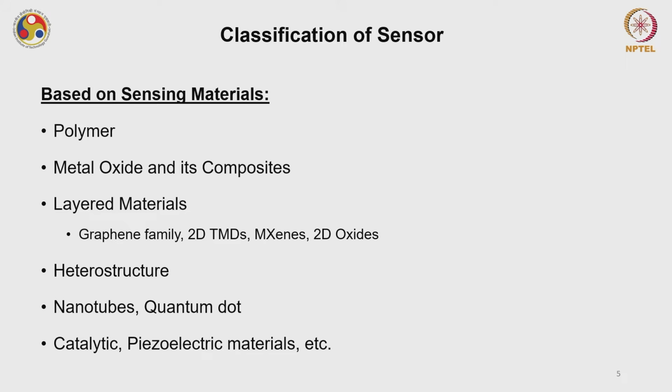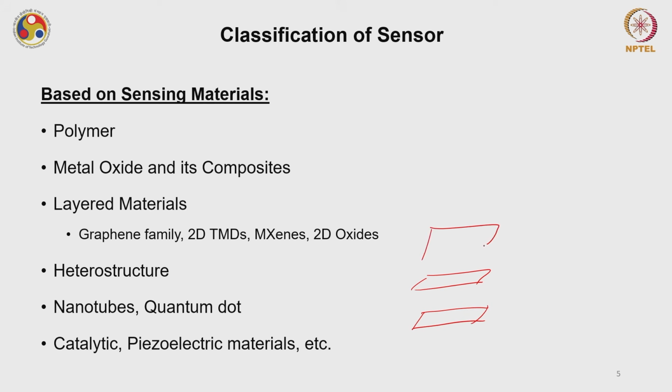Please note that when I say layered material, I mean that they exist in layers. I can have multiple layers of material, and mostly, say, this is material AB, this is material again AB, this is a monolayer of this material AB. They are either connected through some van der Waals force, you know that van der Waals forces are weak physical forces, or there can be some other bonding between all these materials.